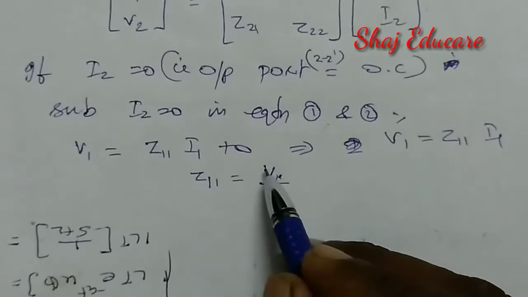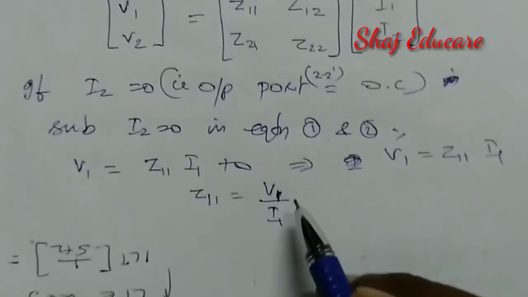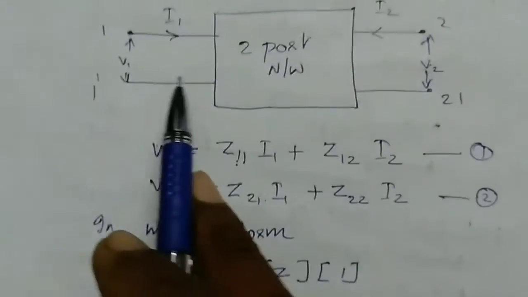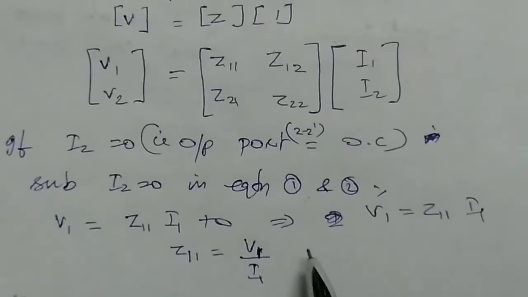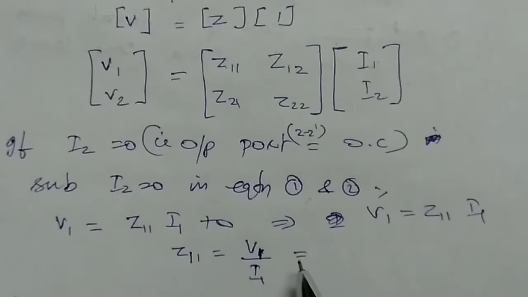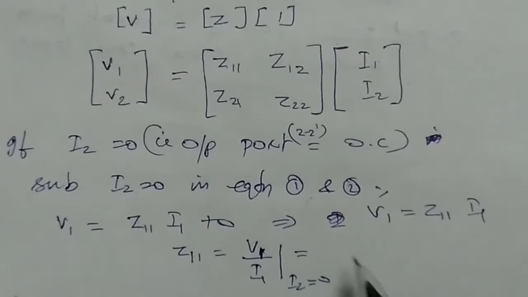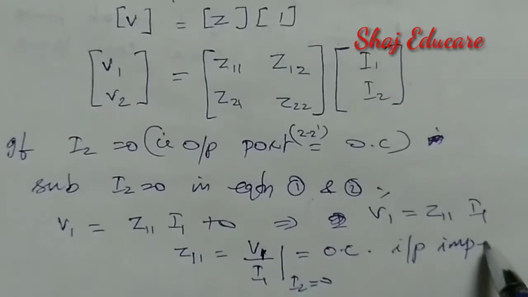So input voltage by input current gives the input impedance. Let us define Z11 as the open circuit input impedance. This is under I2 equal to 0, which is the open circuit condition. OC stands for open circuit input impedance.